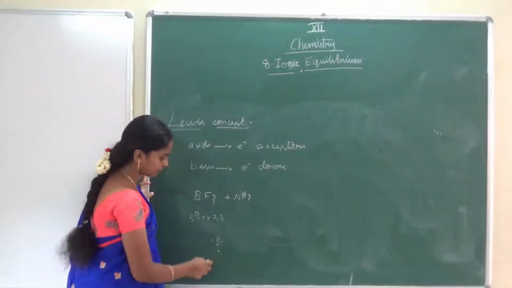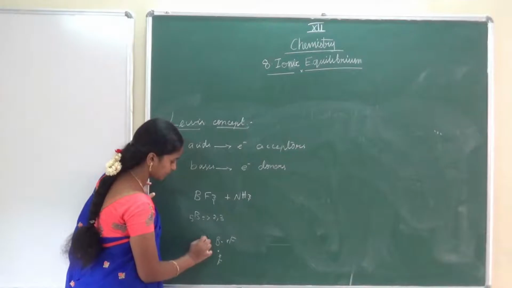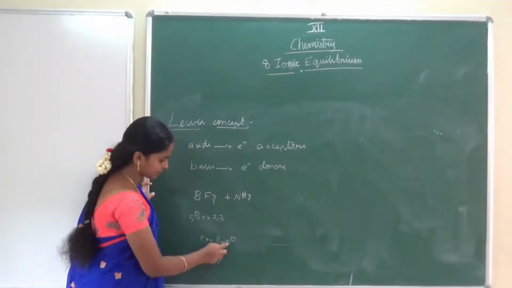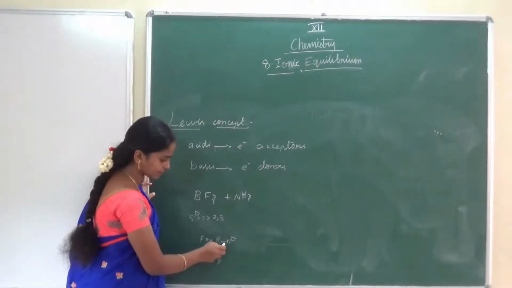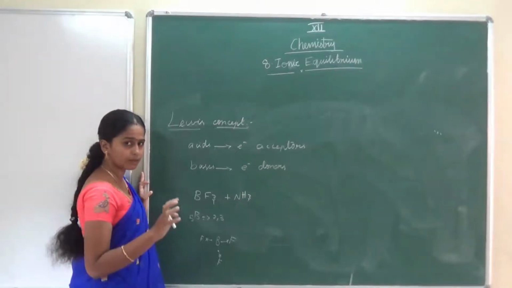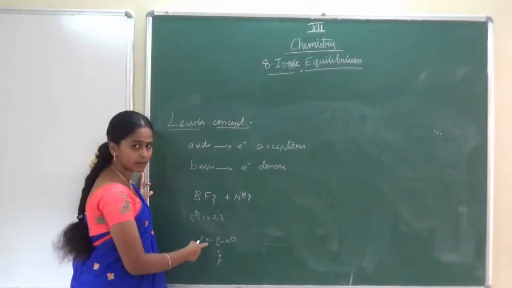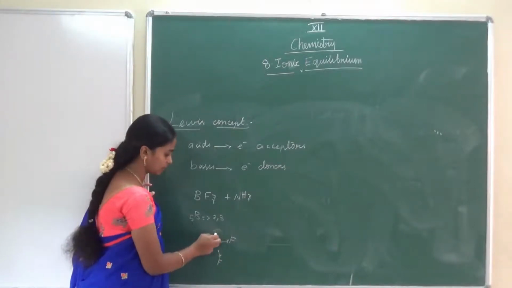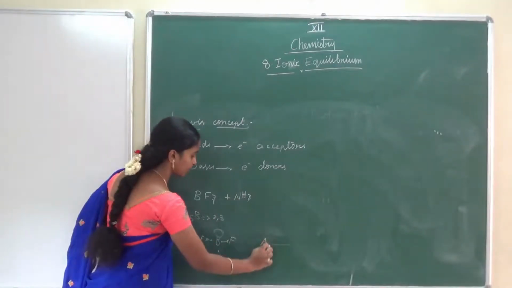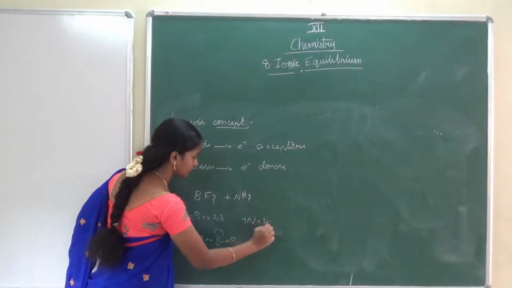Here 3 fluorine atoms are coming and forming bonds. So how many electrons are present around this boron now? 2, 4, 6. Only 6 electrons. But to attain its octet, the stable state, it must have 8 electrons around it. So you need 2 more electrons, and this place is now vacant. Here, if you notice, ammonia: nitrogen, same way, atomic number 7, is 2,5.